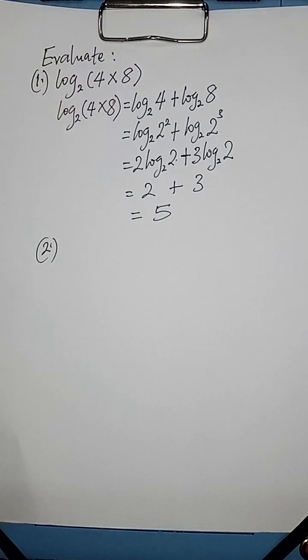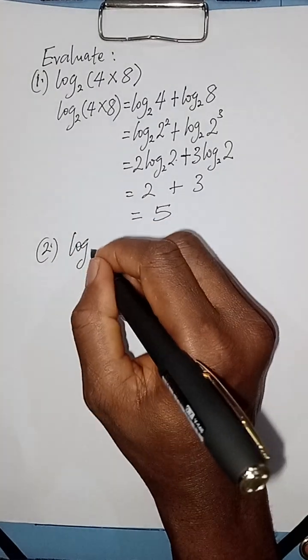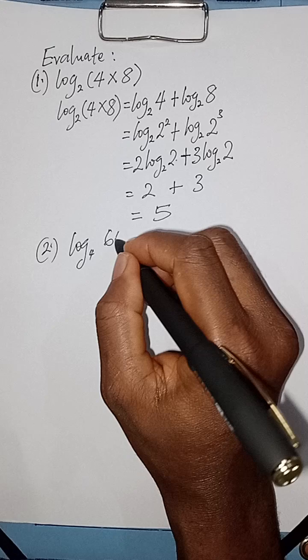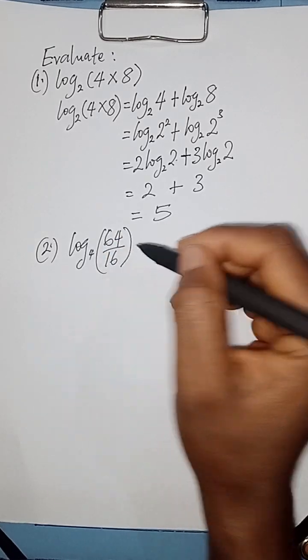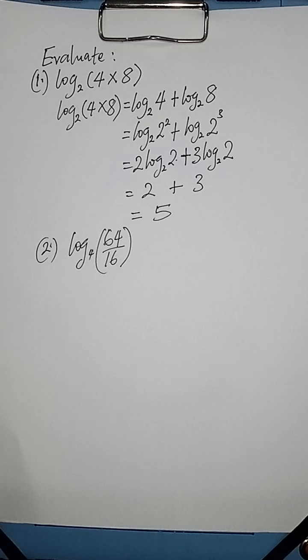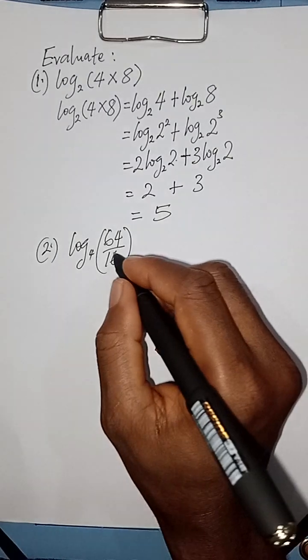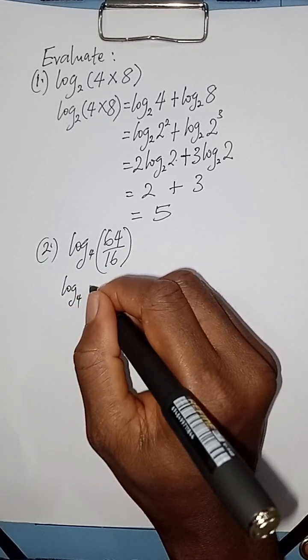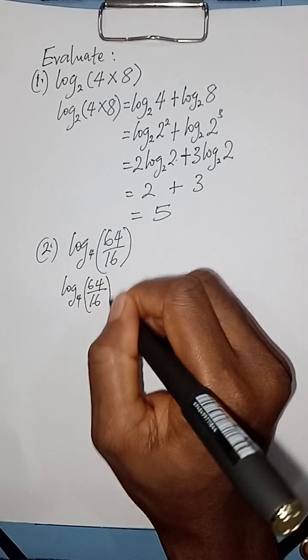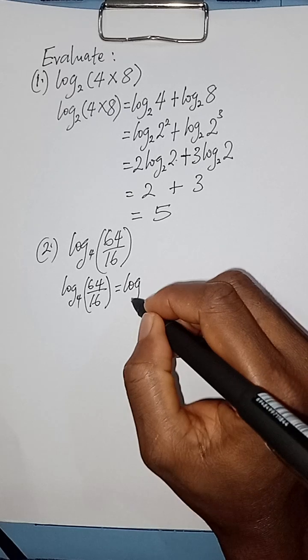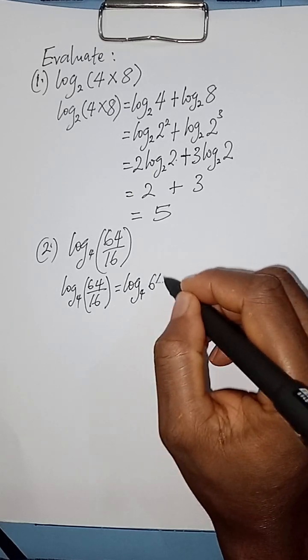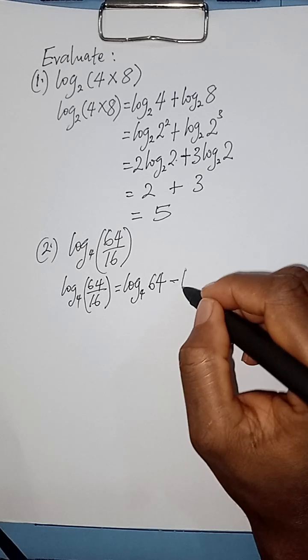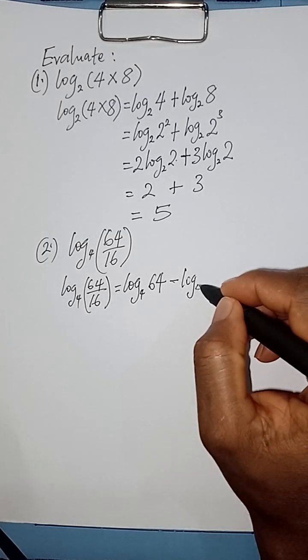I guess that's not a problem. If I have log 64 over 16 to base 4, so what do we do? Remember the second law, which is the log of quotient. This is division, like a fraction. So 64 over 16 becomes log 64 minus log 16.